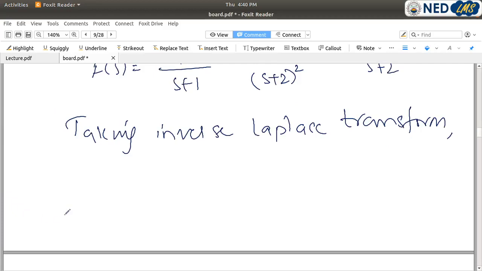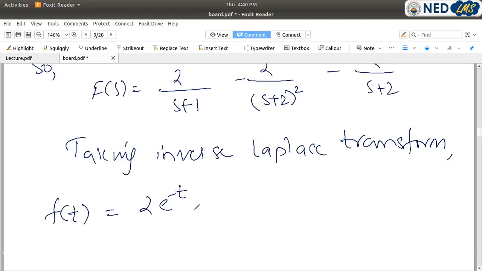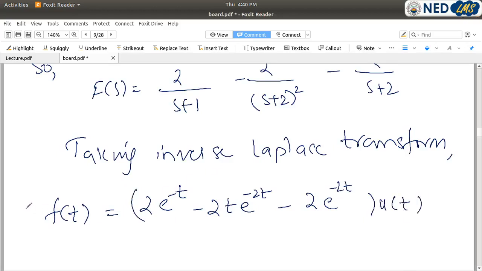So f of s will become f of t, and this term will become 2 e to the minus t, minus 2t e to the minus 2t and minus 2 e to the minus 2t, and finally u of t in the bracket.